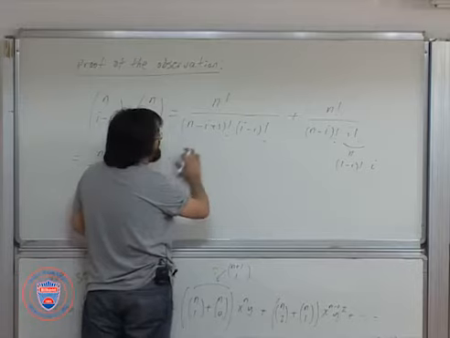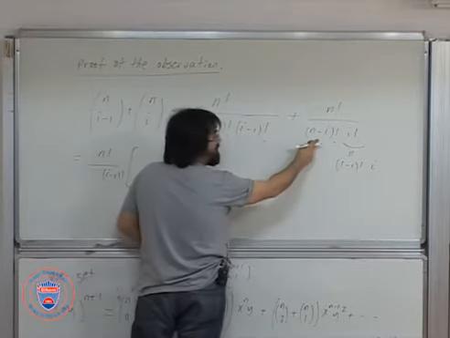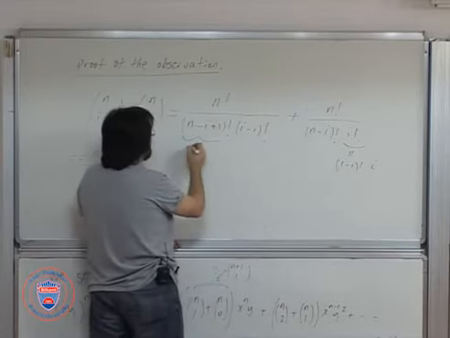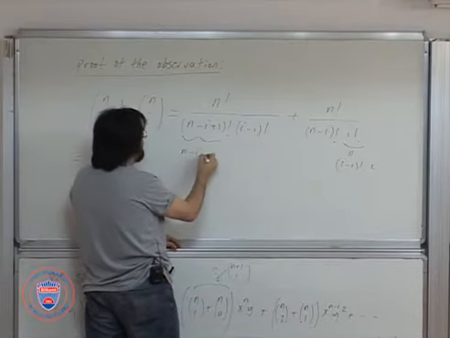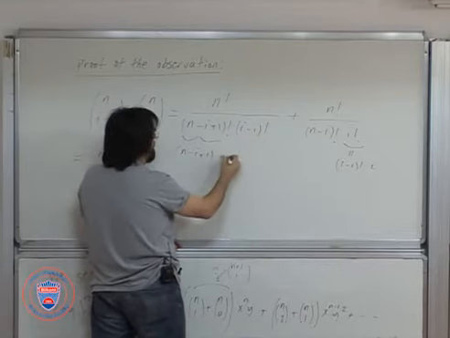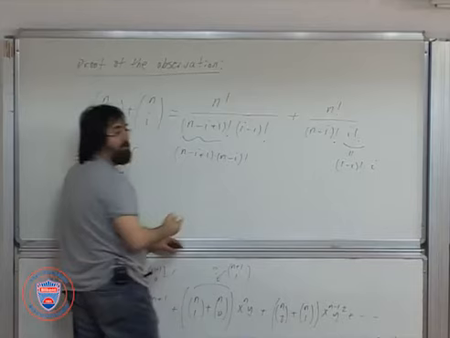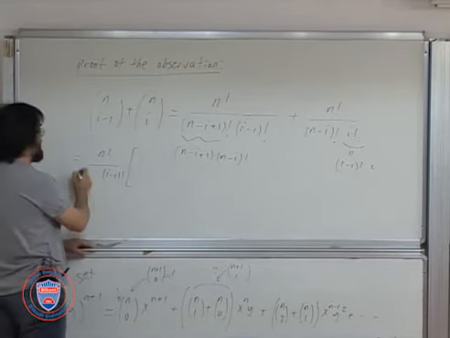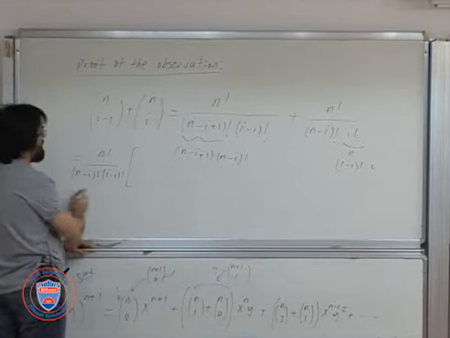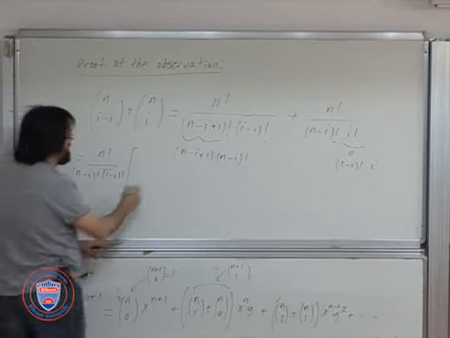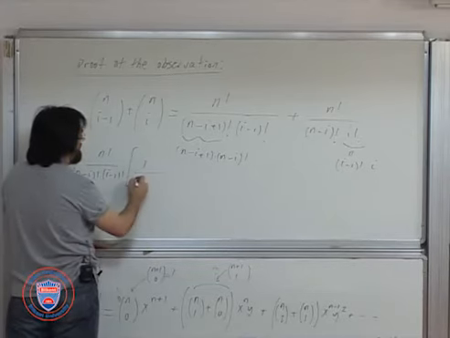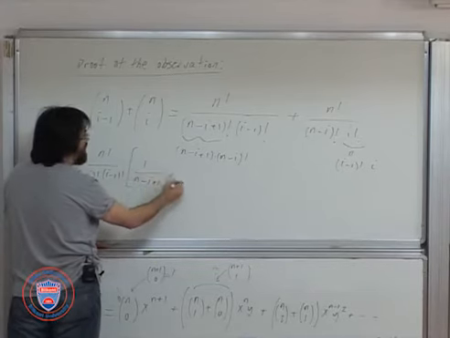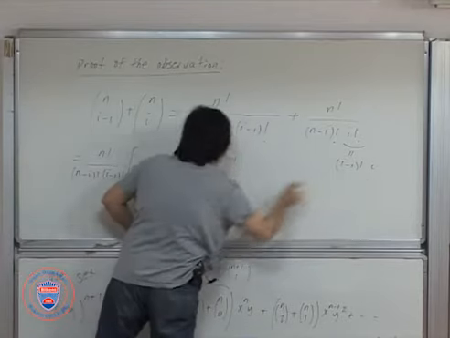And this one is 1 more than this one, right? So because of that, you can take n minus i factorial as well. What will remain is just this one on the first and just this one on the second.